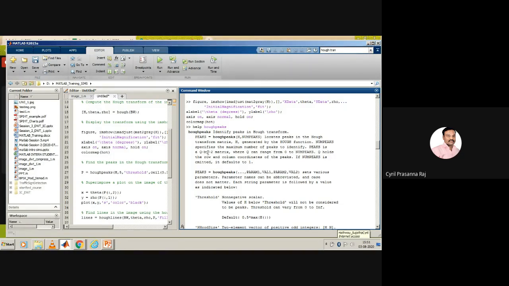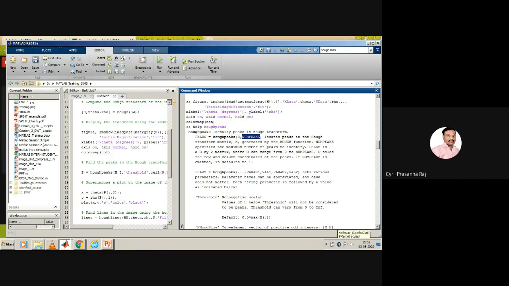Peaks is a Q by 2 matrix where Q can range from 0 to NumPeaks. So this number of peaks you decide. If you say your peaks is 10, 20, 30, or 1, 2, then depending upon that, you will get all the lines available in the given image.